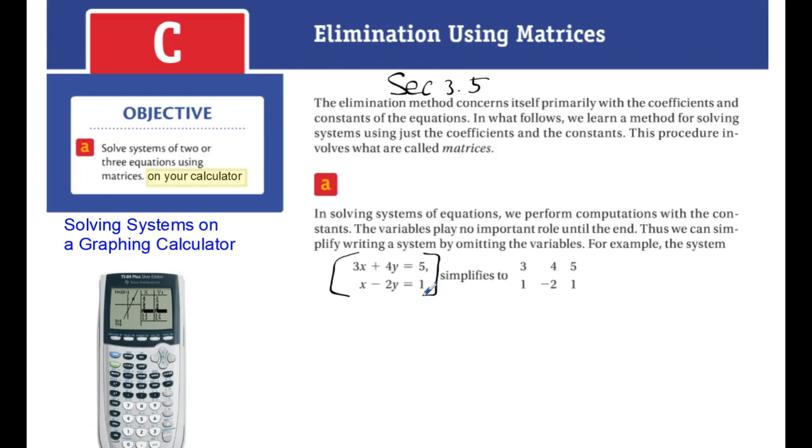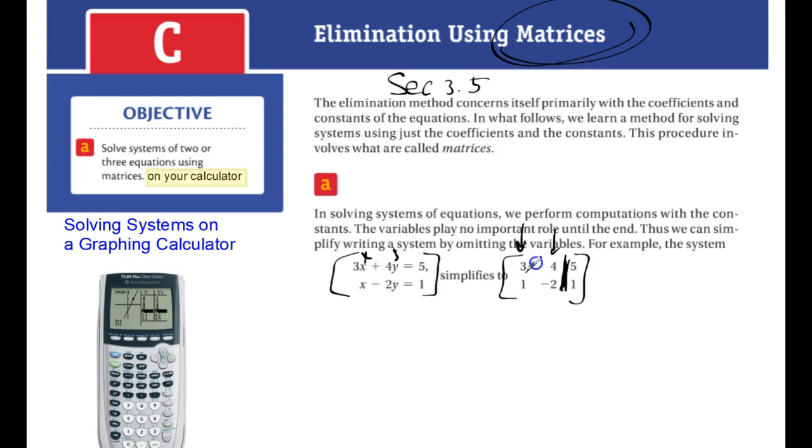So the first thing I need to do is give you a little mini lesson on what a matrix looks like and how to define it. Basically, the matrix is not like the movie. We're just going to drop the coefficients. Instead of x's here and y's here, I still think about an x column and a y column, but then I put an answer column over here. Instead of an equal sign, oftentimes you'll see this bar, which represents the answers.